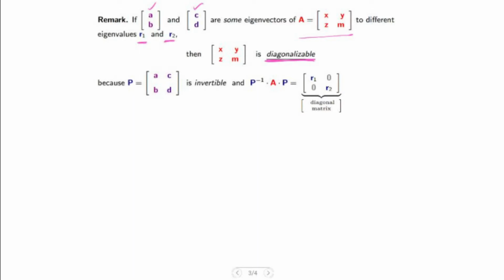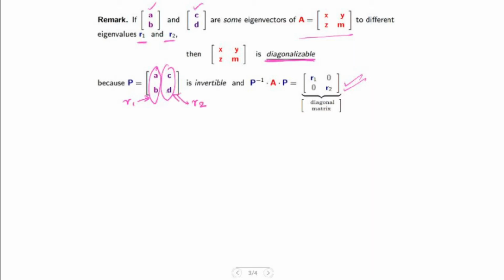Why would it be diagonalizable? Because this condition is true in that case, right? Which means that P is invertible if both of these are eigenvectors. Let's say this belongs to the eigenvalue R1 and this belongs to the eigenvalue R2.